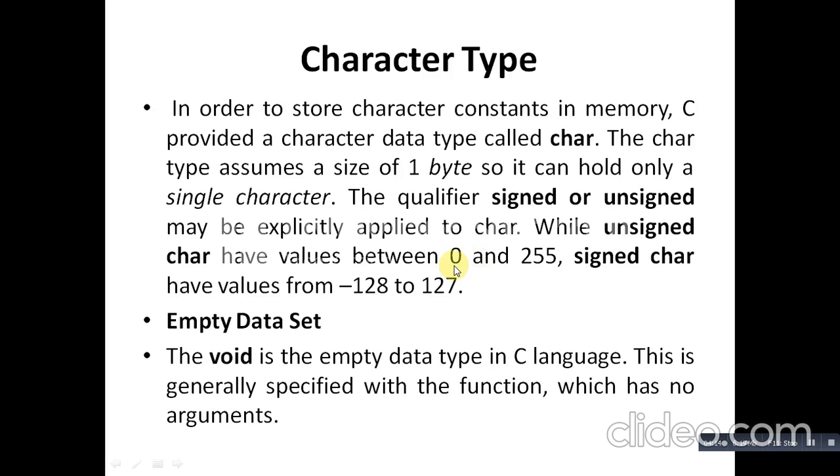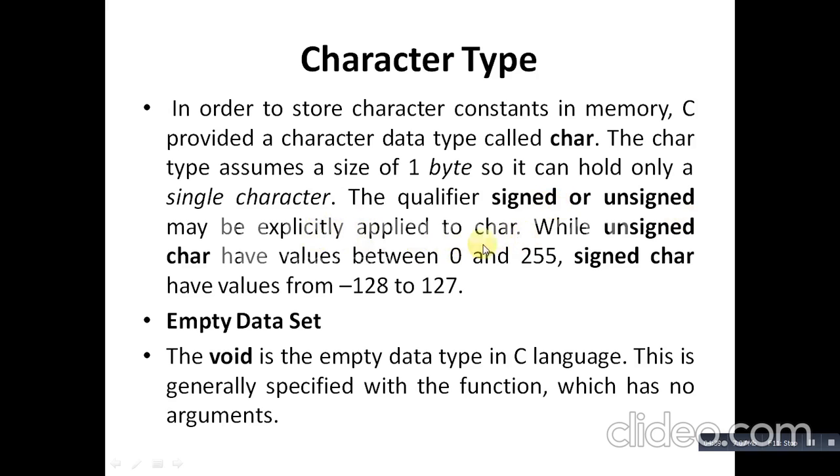The next data type is the character type. In order to store a character constant in memory, C provides a character data type called char. The char type assumes a size of 1 byte, so it can hold only a single character. The qualifiers signed and unsigned may be explicitly applied to char.